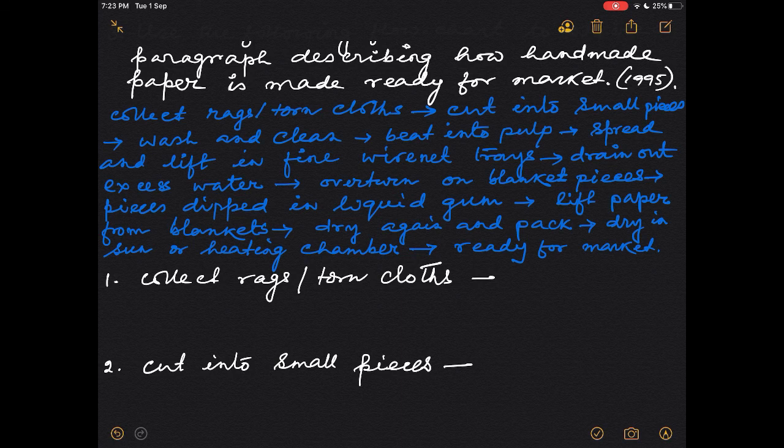These are the points given. Now you know what to do. Write those points one by one under another as I have written.